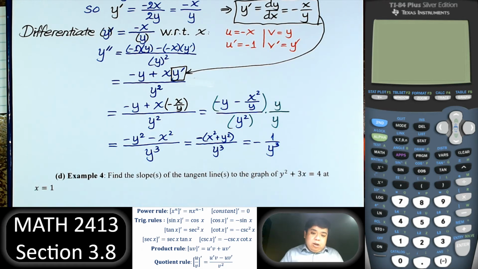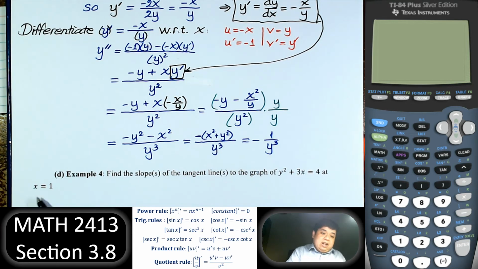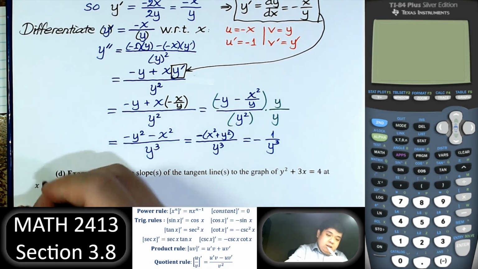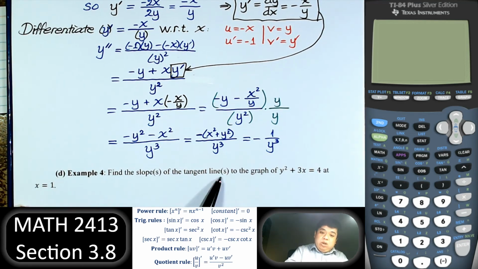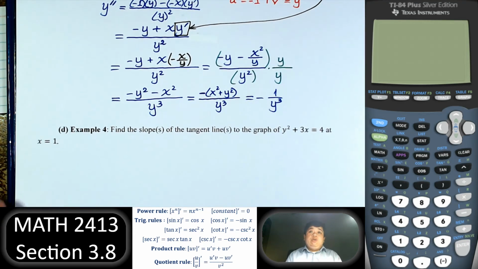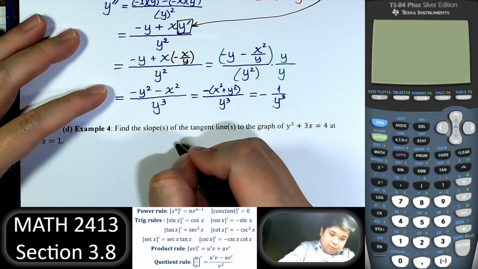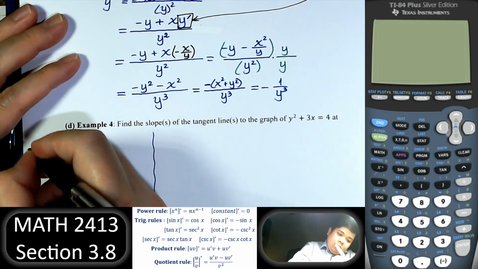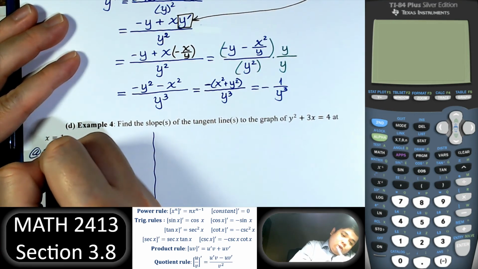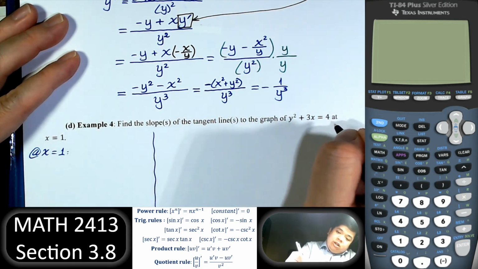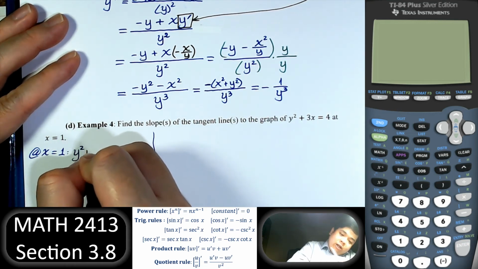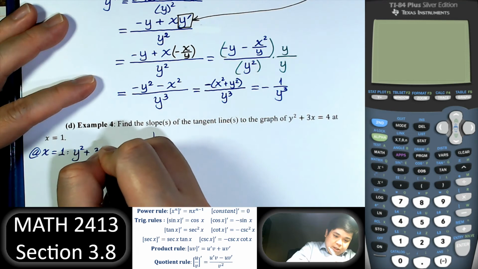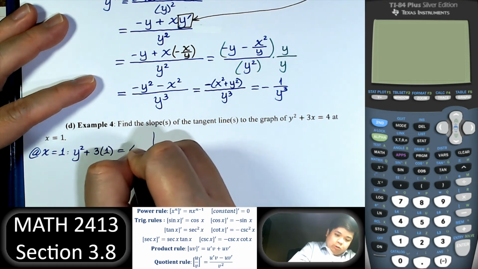find the slope of the tangent line to the graph at x equal to 1. So potentially there may be more than 1. So first let's say when x equal to 1, what is y equal to? At x equal to 1, substitute in this equation, y squared plus 3 times 1 equal to 4.